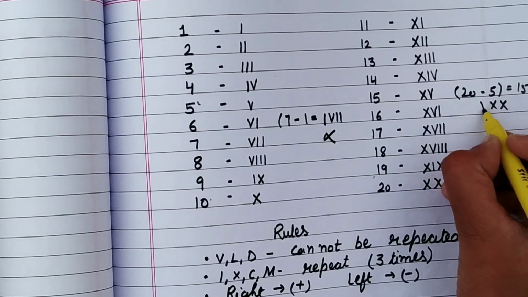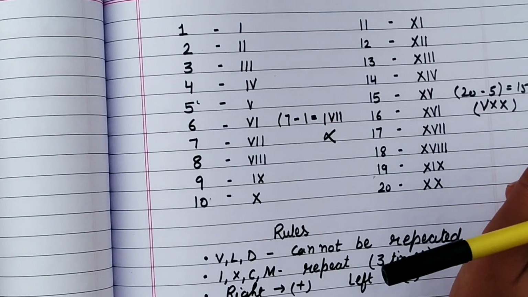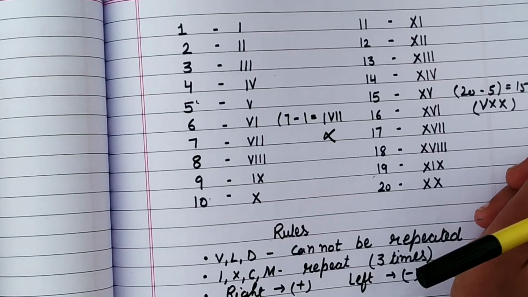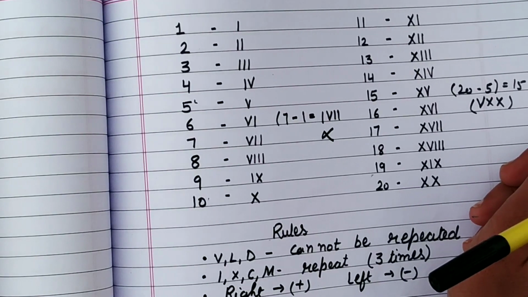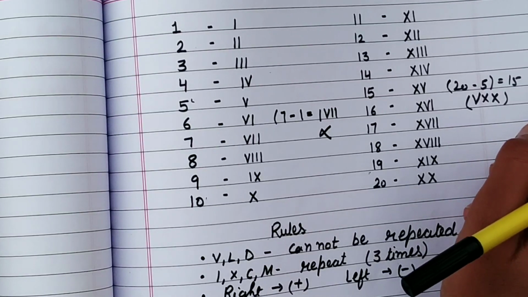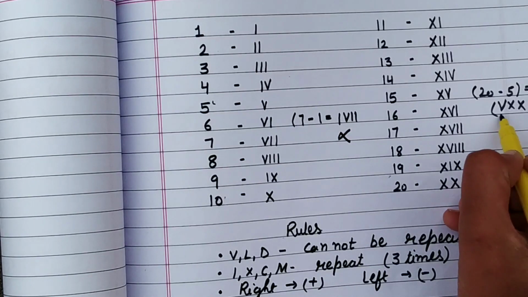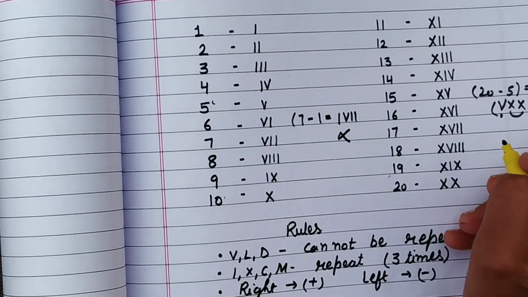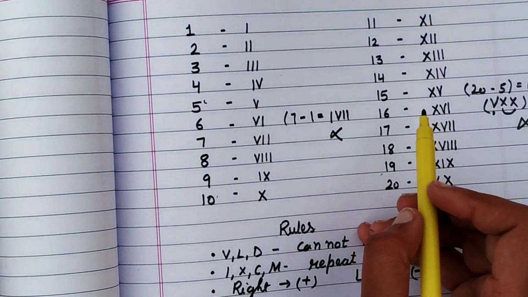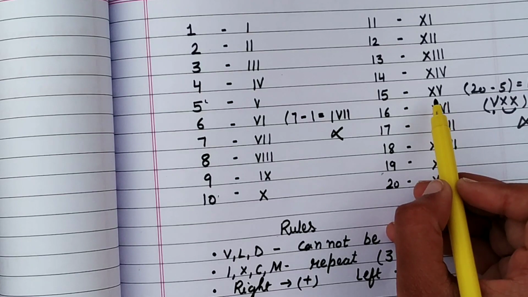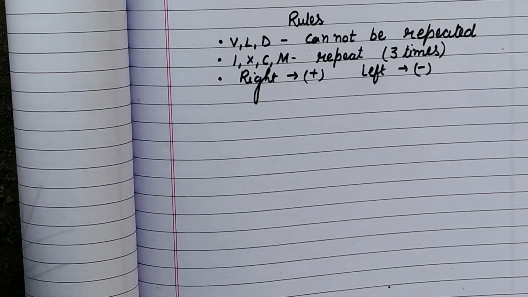That means V must be here. But what does the point say, given on page number 19? V, L and D are never subtracted. But here I have subtracted V from 20. So that means it is wrong. I can't write like this. That's why this is correct: 10 plus 5. So you have to keep in mind these rules.